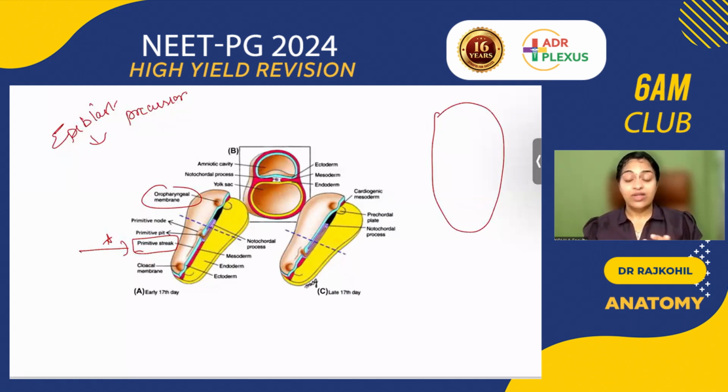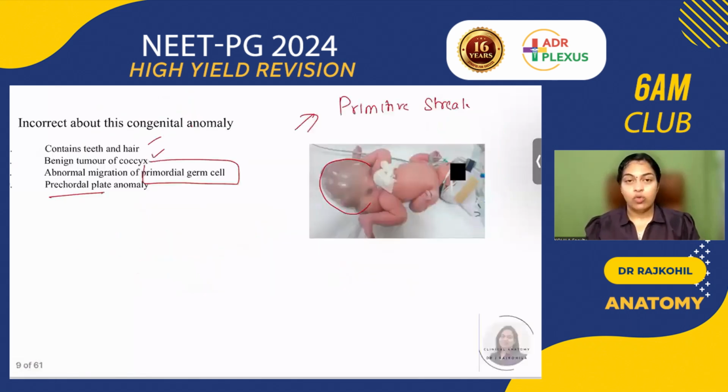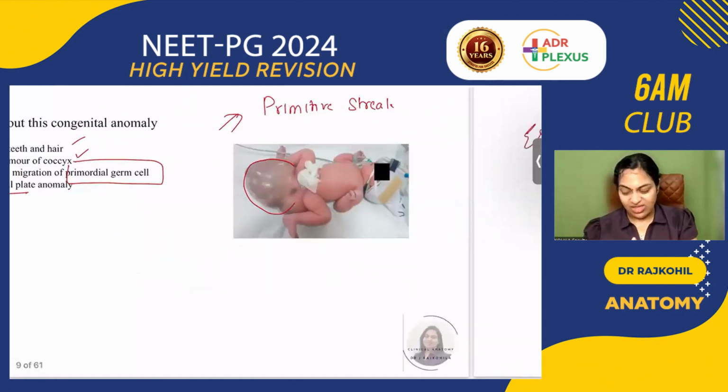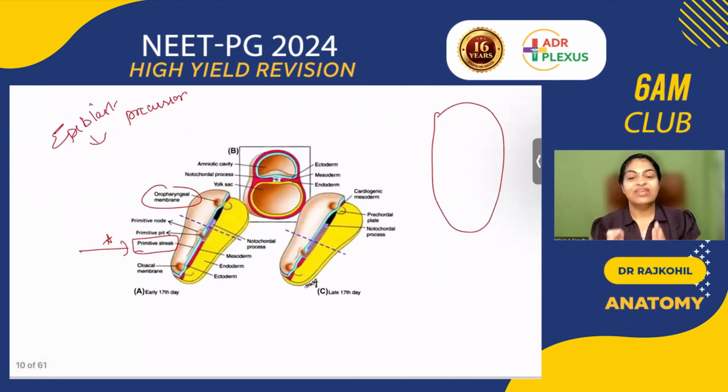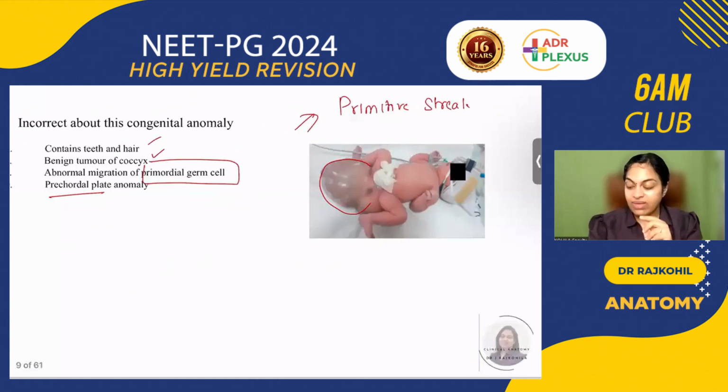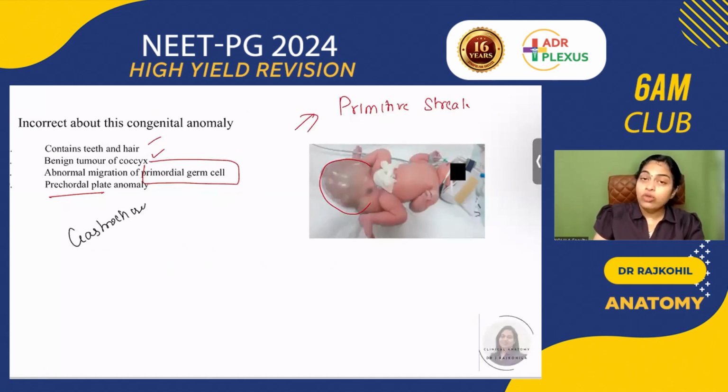Yes. So as I told you, the sacrococcygeal teratoma is exclusively confined to the sacrococcygeal region because the primitive streak is there, right? Okay. The other images that I want you to rush through are gastroschisis. You should be able to differentiate it from exomphalos.